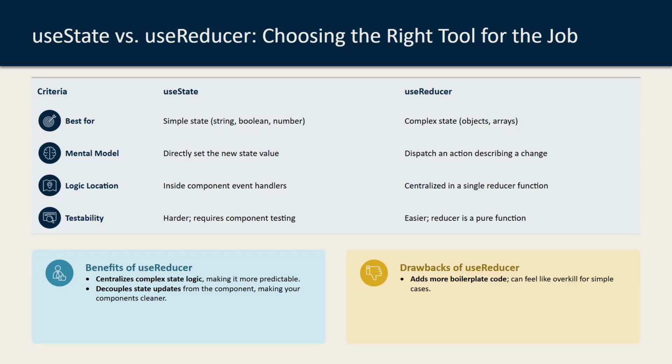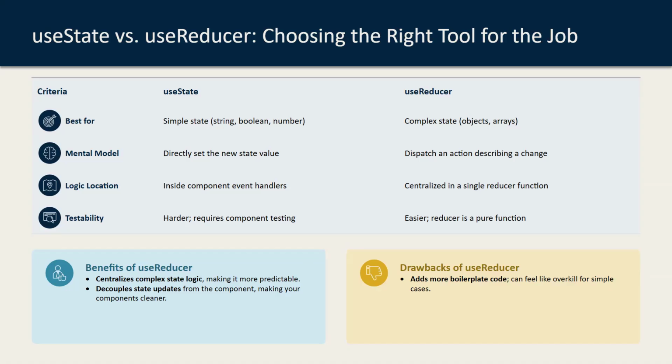And that affects testability. When we want to test components that use useState, testing often happens through the component itself. But with useReducer, since the reducer is a pure function, state transitions are easier to test independently. So the main benefits of useReducer are that it centralizes the complex state logic and separates the update logic from the component itself, which usually makes components cleaner and more predictable.